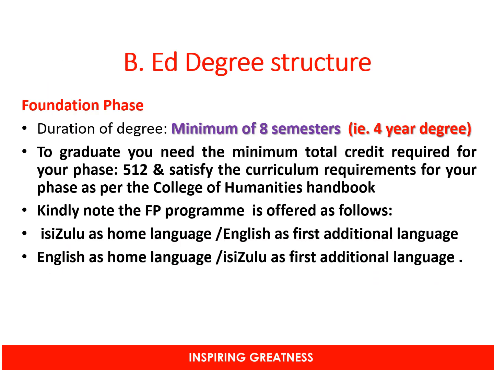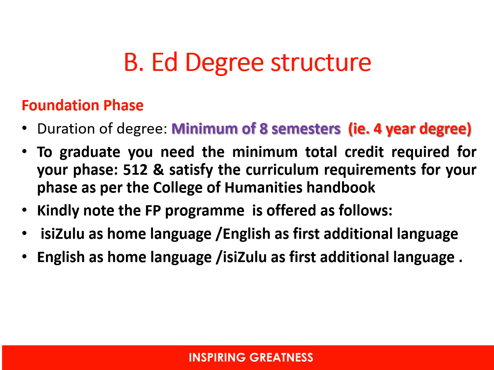The B.Ed structure. The B.Ed program is a structured degree program that spans over 8 semesters or 4 years. To graduate, you need to meet the semester requirements, meaning you need to complete 8 semesters of the program. You cannot complete this degree in under 8 semesters.